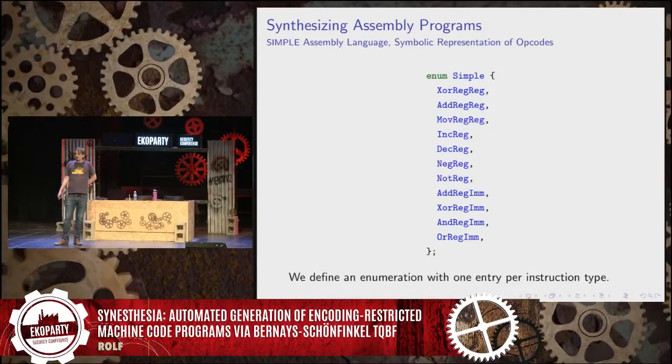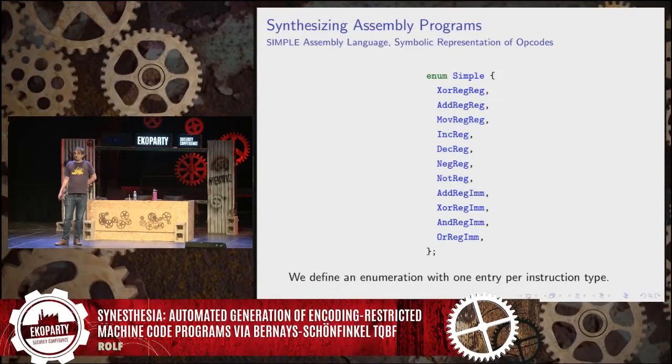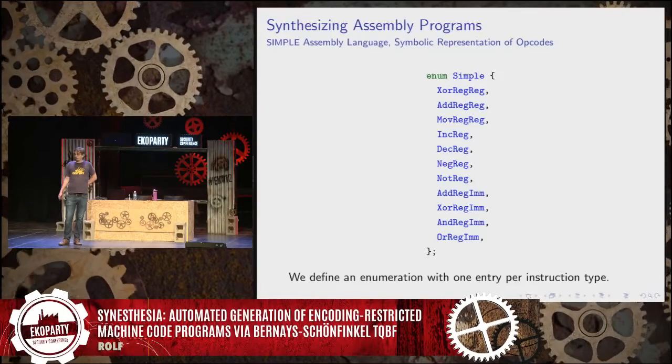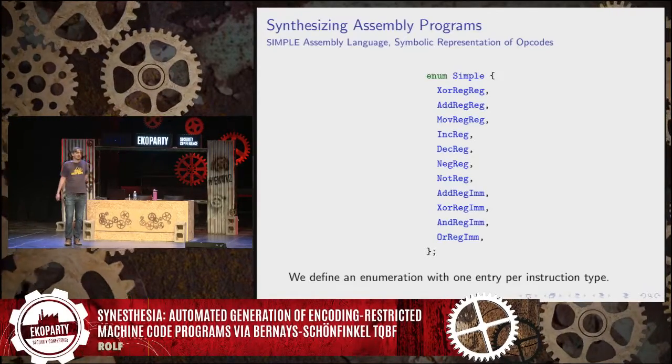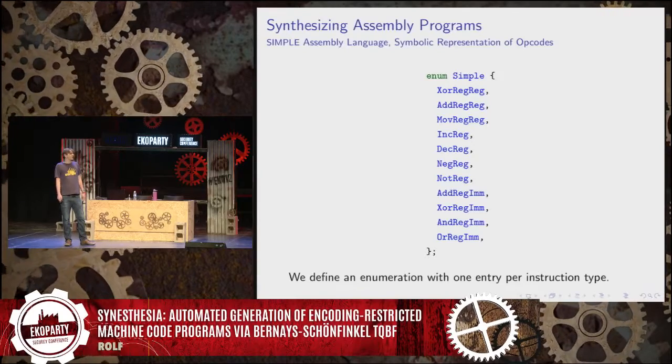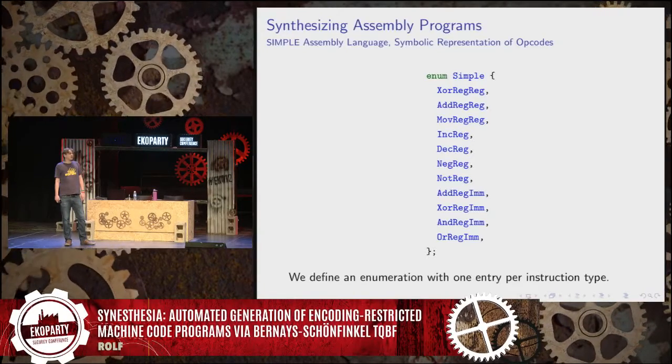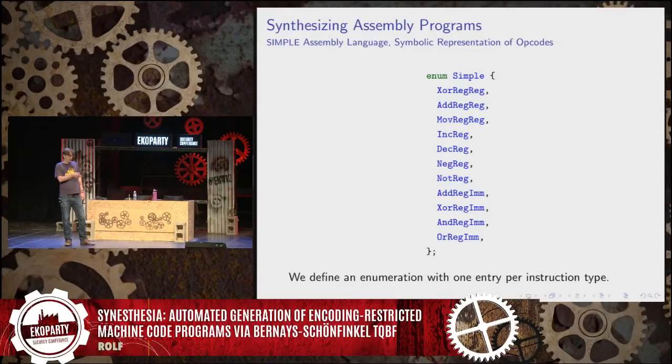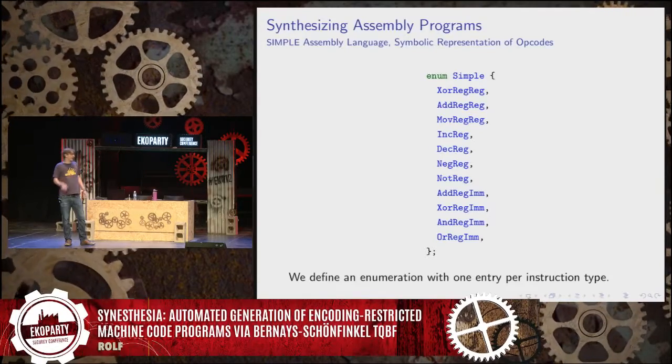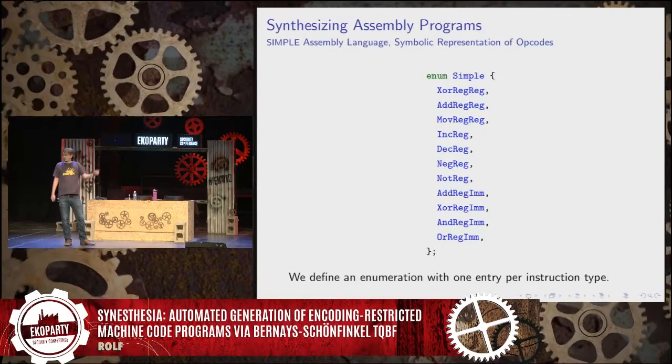So I'm going to make a little C representation of this language so we can synthesize programs written in this language. The first thing I do is make a little enumeration that describes the possible operands, like XOR reg, inc reg, and add reg immediate. Simple.